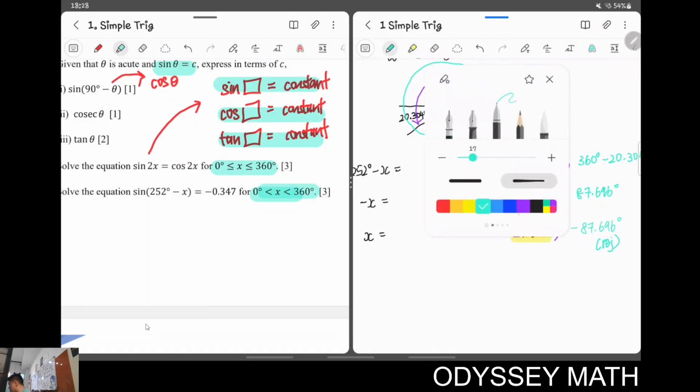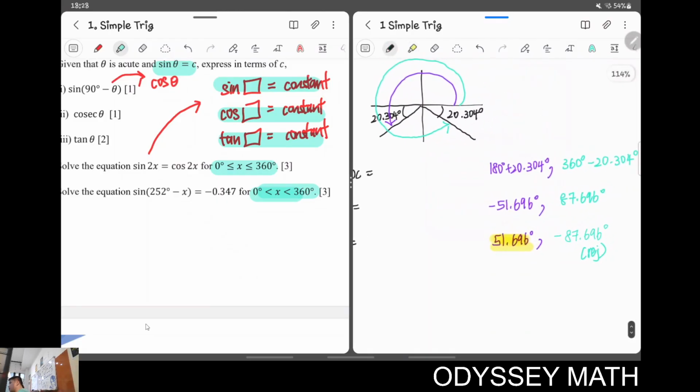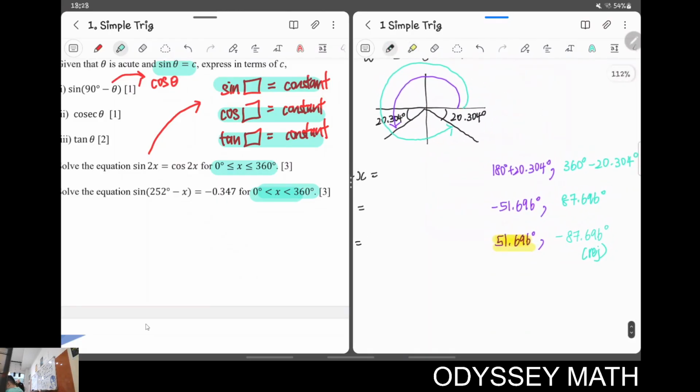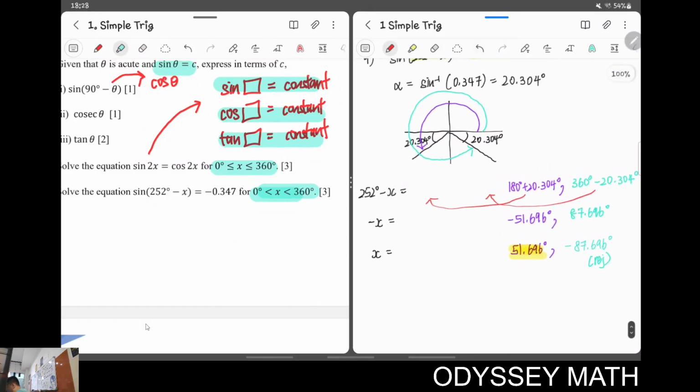So here you will realize, okay, I would probably not add 360 to these two angles here, because anything ahead will give me negative. So what I would do is I would minus 360 degrees. Okay, this is observing. So by minusing 360 degrees, teacher is being lazy, I don't want to write out the arithmetic.